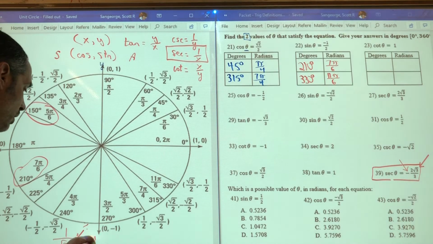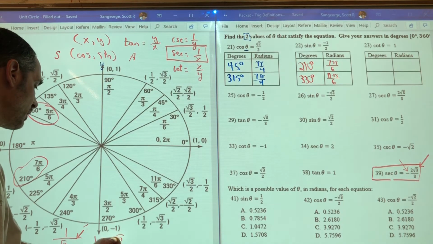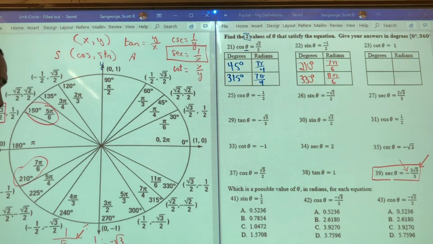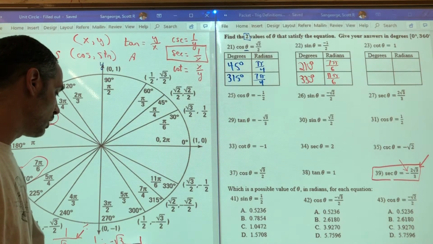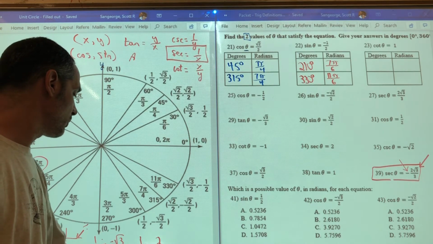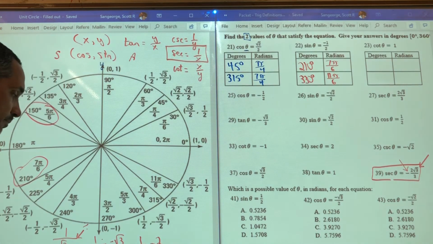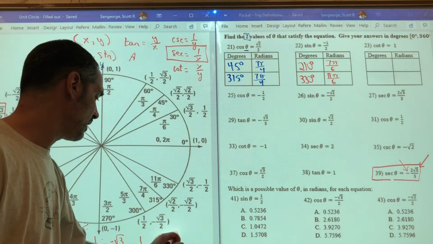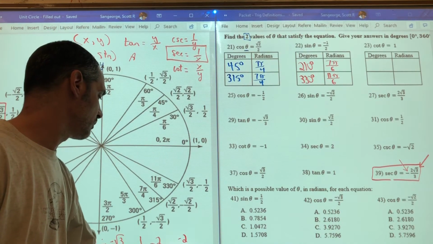And so this is 1 divided by negative square root of 3 over 2. And we can make 1 into its own fraction, 1 over 1. When we divide fractions, we keep the first fraction, change the sign from division to multiplication, and then flip the second. So this is going to be 1 over 1 times 2 over the square root of 3, and of course that's negative. And so I'm going to multiply, and I get negative 2 over the square root of 3.